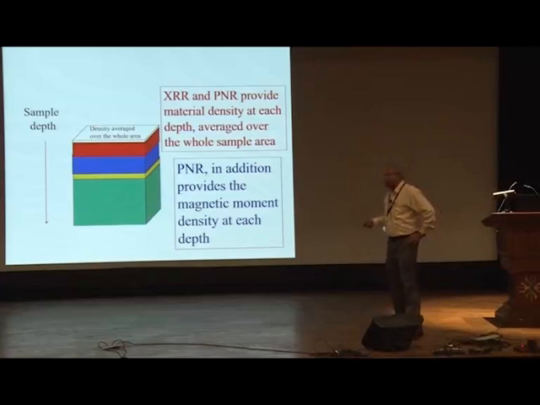The structure that we expect is silicon, cobalt, and when you take it out of the deposition chamber and expose it to air, there could be a cobalt oxide layer at the top. It's a self-limiting oxide of about 2 nanometer. That's what you expect.